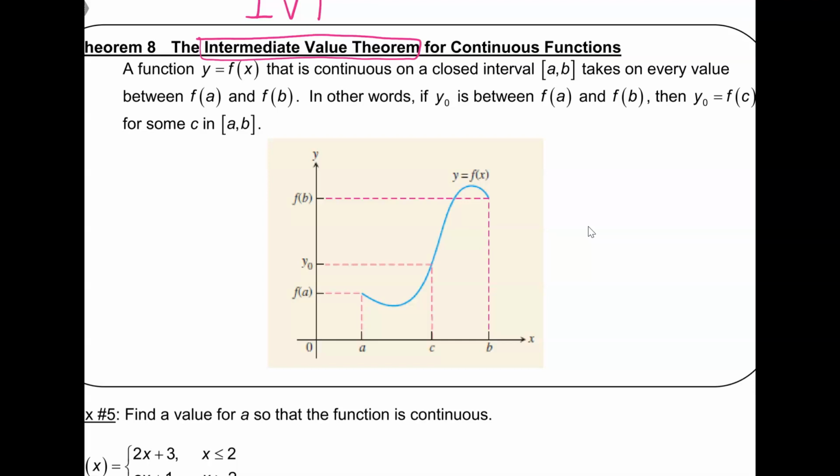So we're on a closed interval, and we're continuous. Look at this closed interval from x equals a to x equals b. See this nice smooth function, no holes, right? It takes on every value from f of a to f of b.